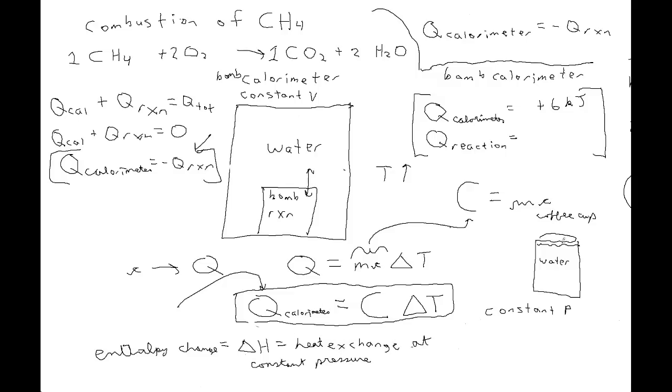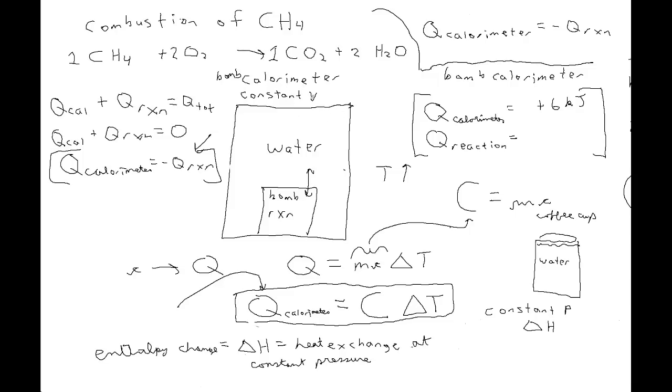So notice that a coffee cup calorimeter is a great way to figure out delta H because it maintains constant pressure. In the coffee cup calorimeter, the reagents are in contact with the atmosphere, so they're at atmospheric pressure. So the calorimeter is a good way to find delta H. Technically speaking, you don't find delta H directly from the bomb calorimeter because the bomb calorimeter doesn't maintain constant pressure, because the reagents are not in contact with the atmosphere in the bomb calorimeter because it's sealed from the environment.